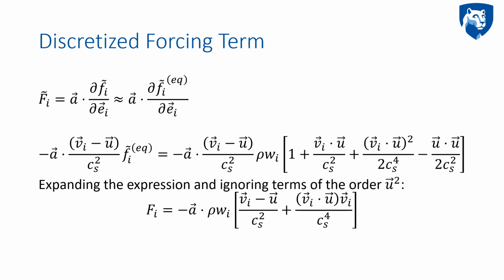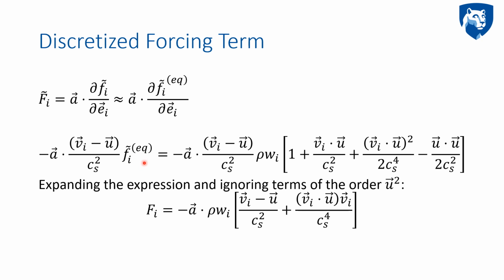Next I'm going to talk about the discrete forcing term in the Lattice-Boltzmann equation. We said earlier that the forcing term is equal to the acceleration into the partial derivative of the distribution function with respect to the molecular velocity. If we approximate the distribution function to be equal to the equilibrium distribution function in this equation, we can expand this derivative as written right here.